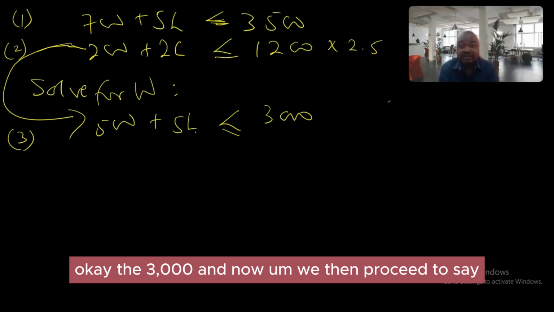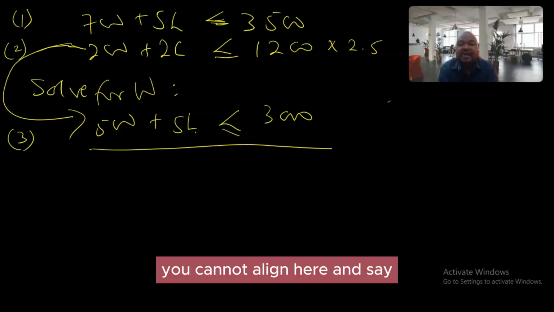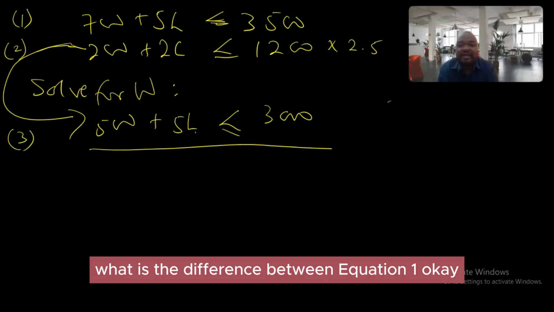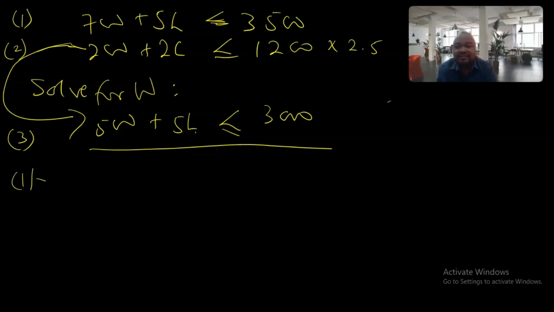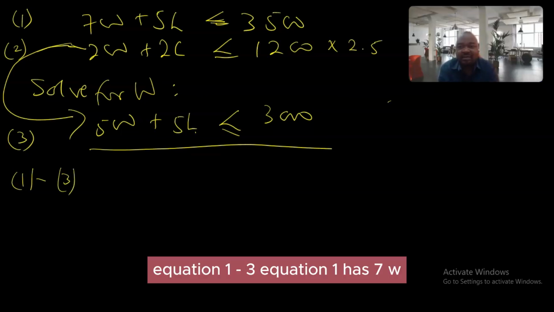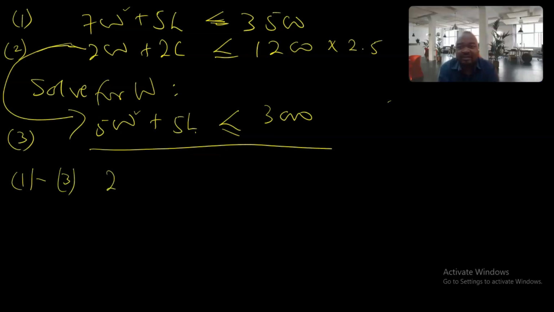Now we ask, what is the difference between equation 1 and 3, that is, equation 1 minus 3? Equation 1 has 7W, equation 3 has 5W. So 7W minus 5W gives 2W.